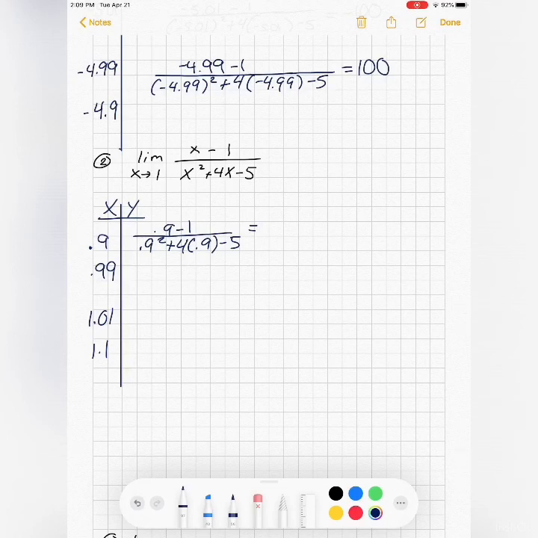Okay, say approximately 1.02611. Okay, let me do the next one.